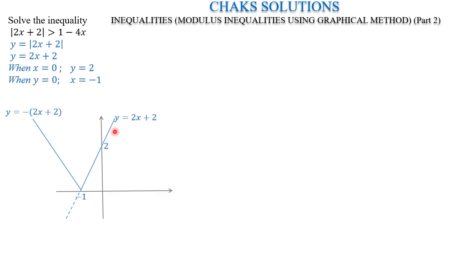This part is y equals 2x plus 2, and the reflected part is y equals minus open brackets 2x plus 2. The combination of these two graphs gives us the graph of y equals modulus of 2x plus 2.